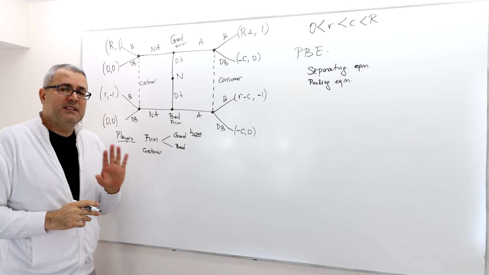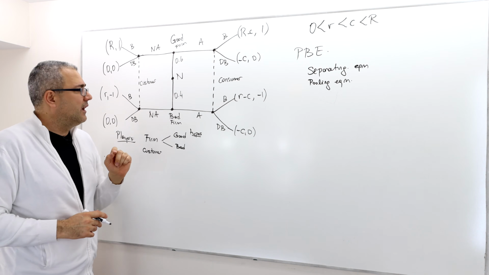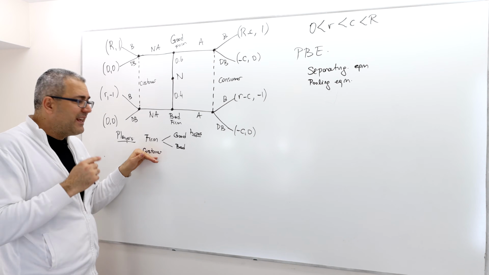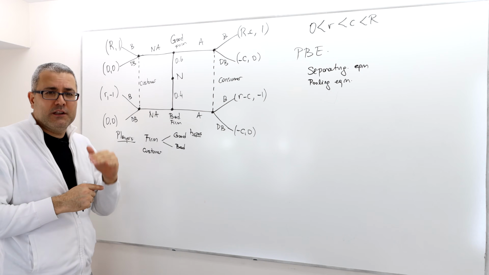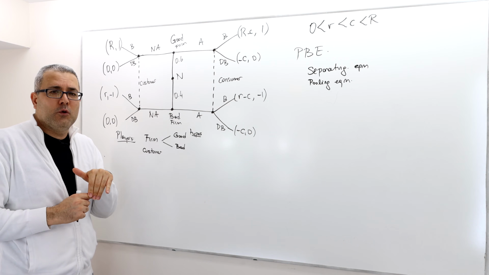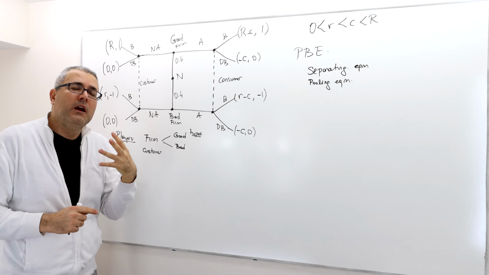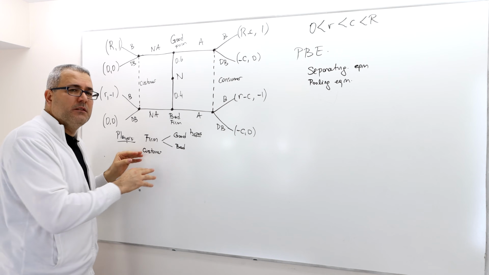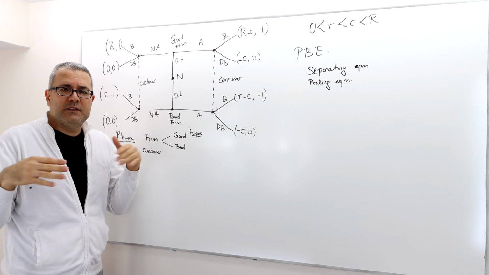The consumer doesn't have a type. The consumer is just one type in that sense. And the customer cannot observe the type of the firm, whether this is the firm with a good product or the firm with a bad product. And therefore, this 0.6, 0.4 represents the customer's uncertainty. There is no uncertainty for the firm.